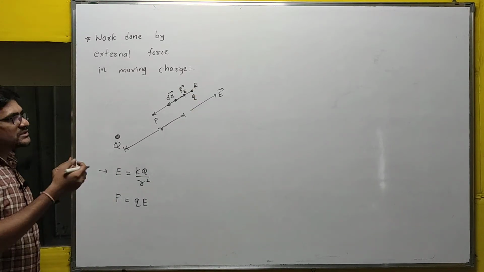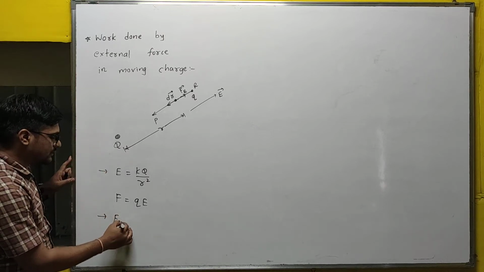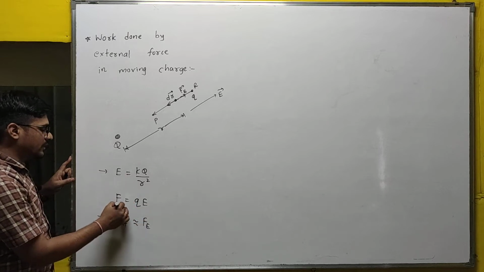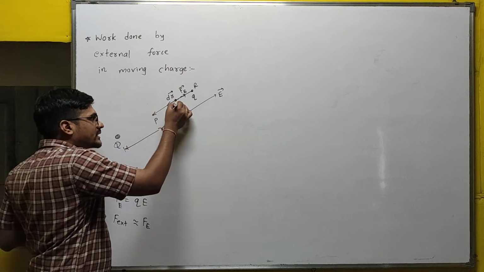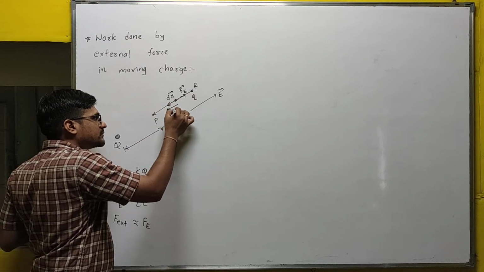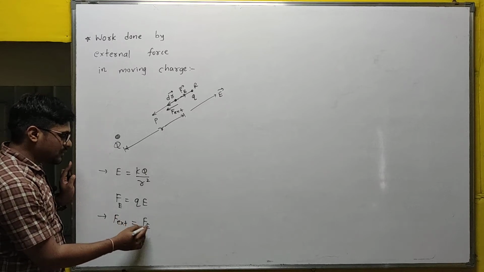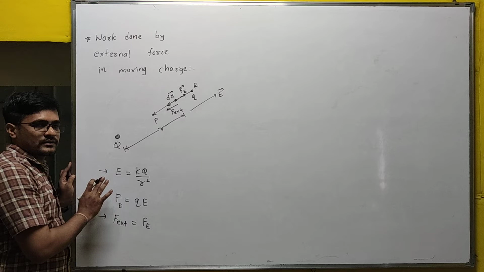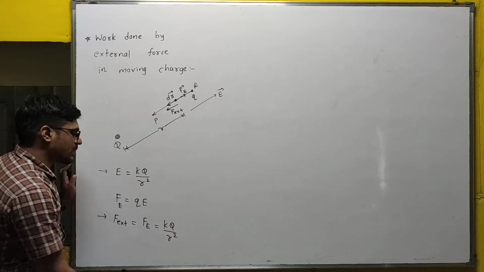But to move this charge, you have to apply an external force, that is similar to the force due to electric field but in the opposite direction. So you have to apply the external force in this direction, and the magnitude of the external force is similar to the force due to electric field, so that is also equal to kQq by r square.